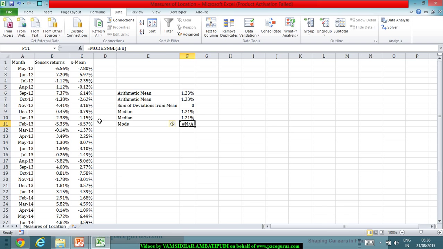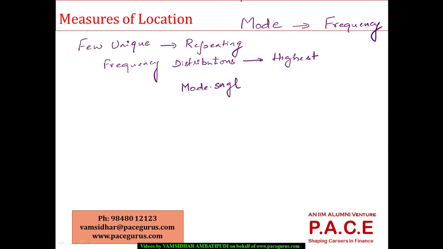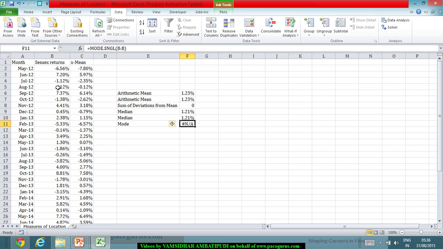So either we can use it probably by doing the rounding off, right? The same thing, let's say I round it, rounded returns. Now let's look at it slightly differently.